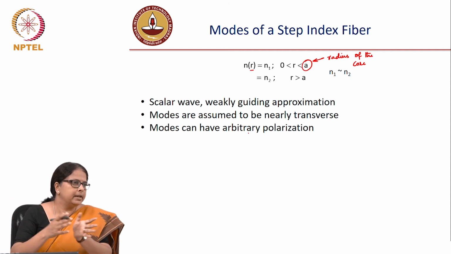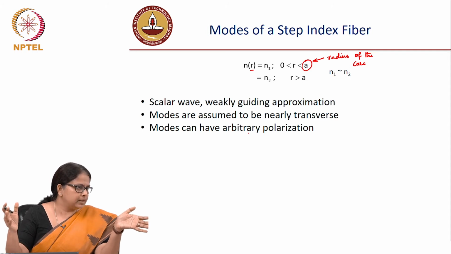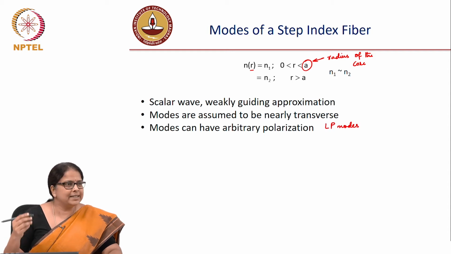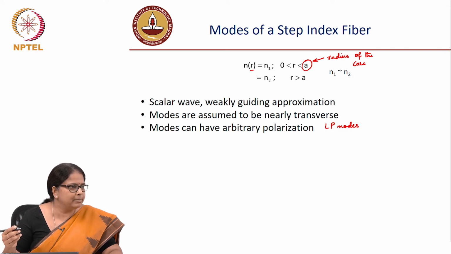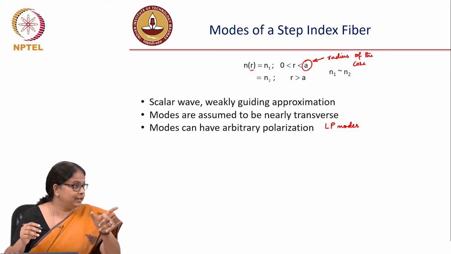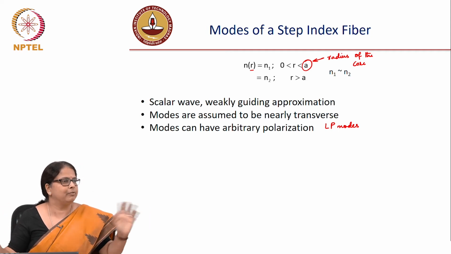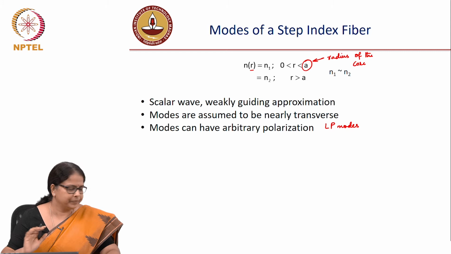The wave can be of any arbitrary polarization. So, in that sense, you say that these are LP modes, linearly polarized modes. Even though it says linearly polarized modes, the word can be a misnomer. It does not mean that it works only for linear polarization. It simply means that the answer is the same irrespective of the polarization state of the input.